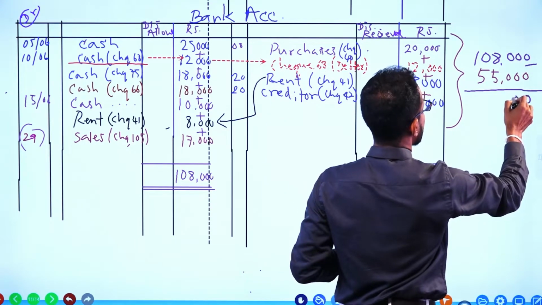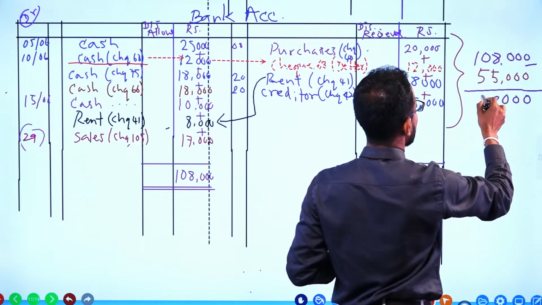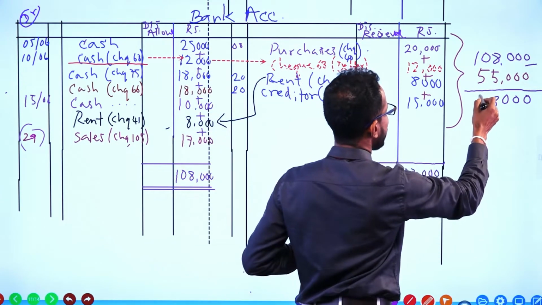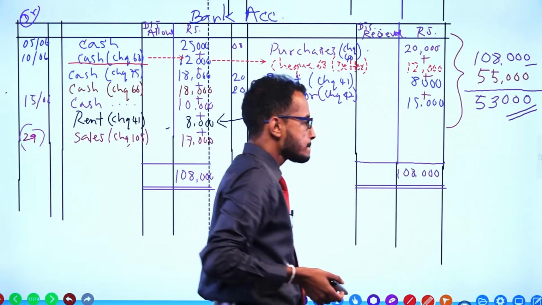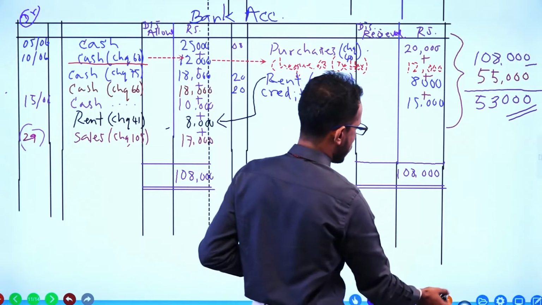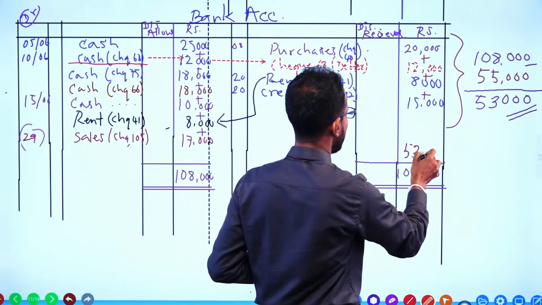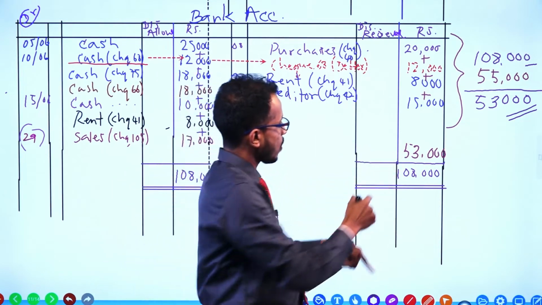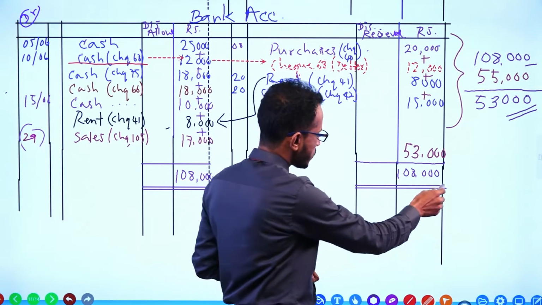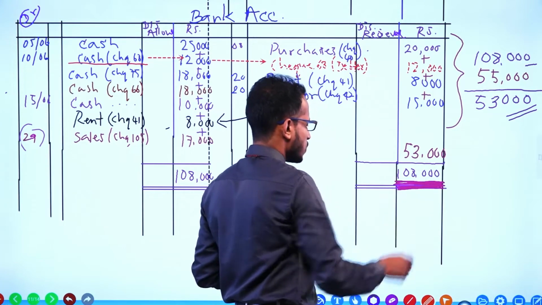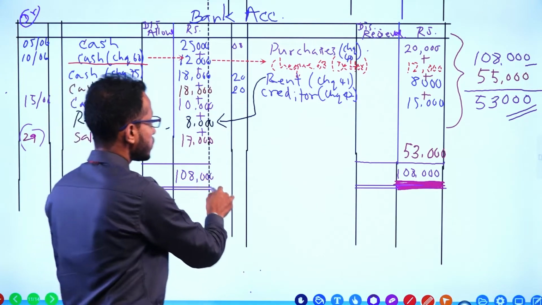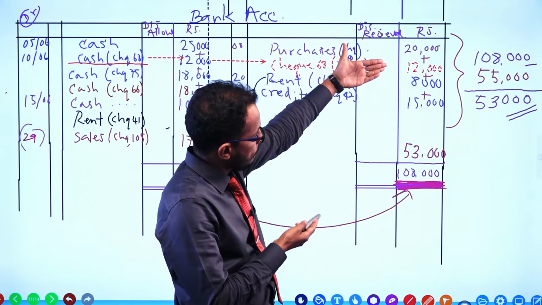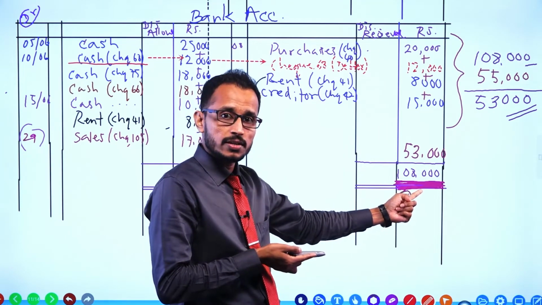53. Is that clear? 53. That is, children, your balance carried down, which should be mentioned on the credit side amount column just on top of the sum box, because when you put this sum 108, which was the total of the debit side, you clearly knew that the credit side sum is not 108.